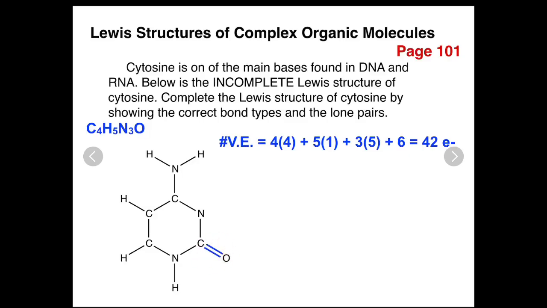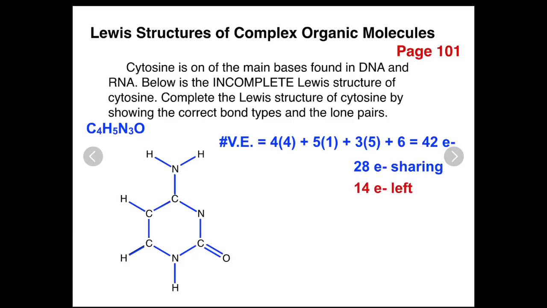So 4 already, 5, 6, 7, 8, 9, 10, up to 28. So we already have 28 electrons in the sharing bonds. How many do we have left? We have 14 electrons left.